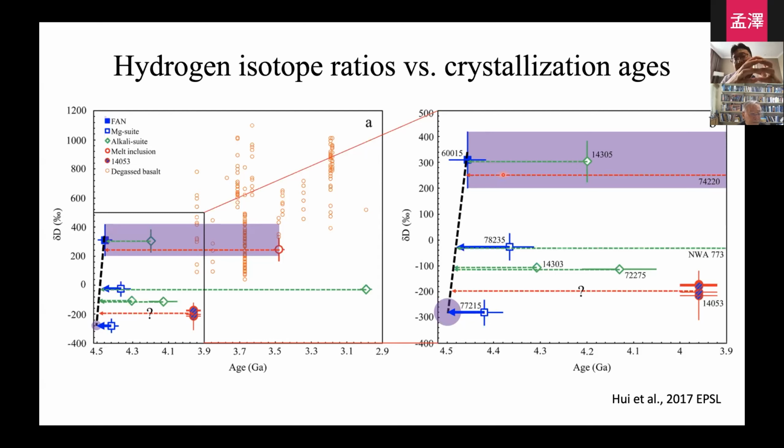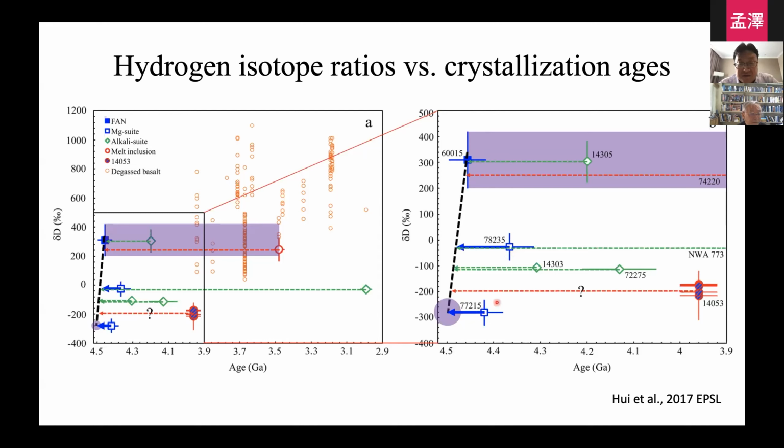So the degassing of the lunar magma ocean became minimal. That means these source regions have similar isotope compositions.